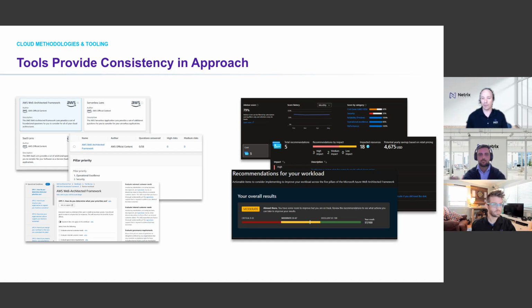Do you want to go through all five, or just a subset? And then it will give you recommendations to say that you are good in certain areas and you have room for improvement and growth in others. So if you're not using these tools today, we highly recommend that you implement some sort of regular review of them, especially for newly deployed services, and as you are changing your cloud landscape.